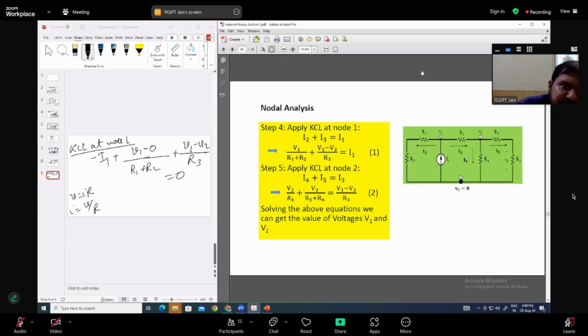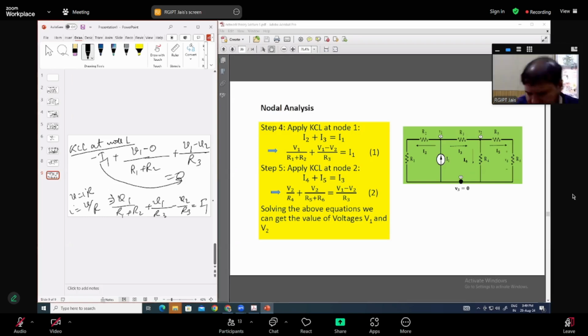Okay, so this you can further simplify. That means V1 divided by R1 plus R2, plus V1 divided by R3, minus V2 divided by R3, will be equal to minus I1, and taking it on this side, that will be equal to I1. So the first KCL equation for this first node we have already done.